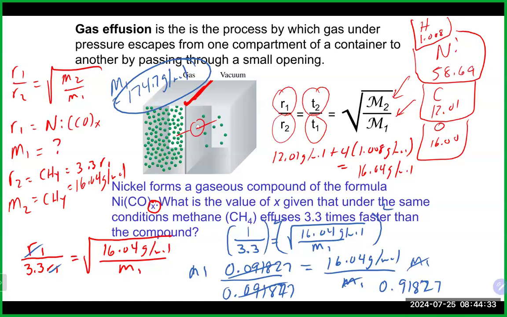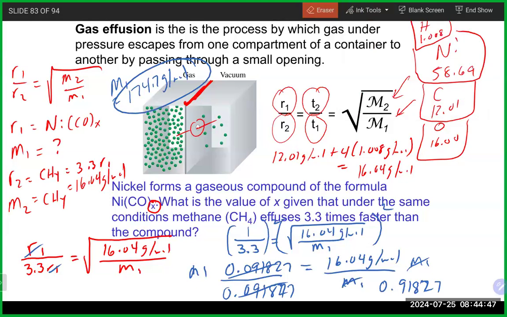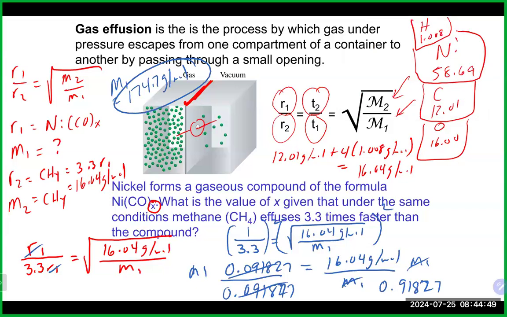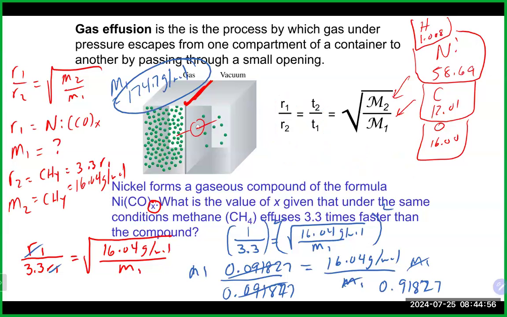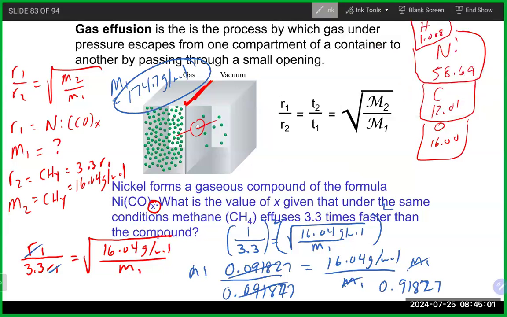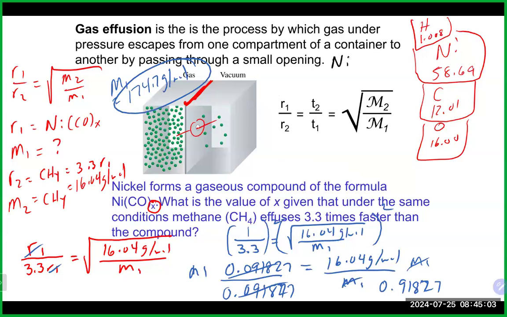Any questions so far on the calculation part? Now, how's that number going to help us find the actual formula? That molar mass we just calculated is based off of the formula Ni(CO)x.